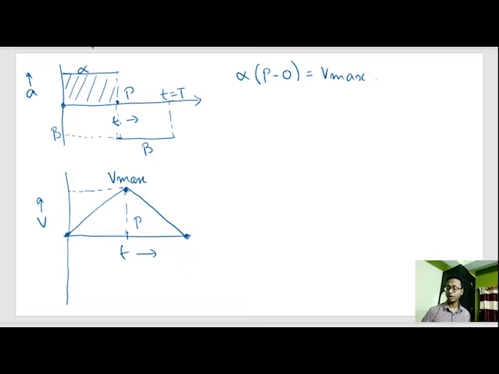However, we know one thing. Whatever might be the value of p, the particle started from rest and ended at rest.